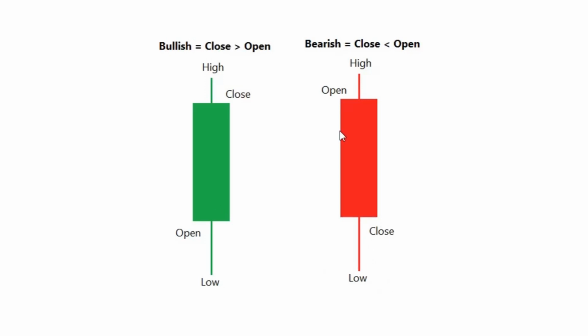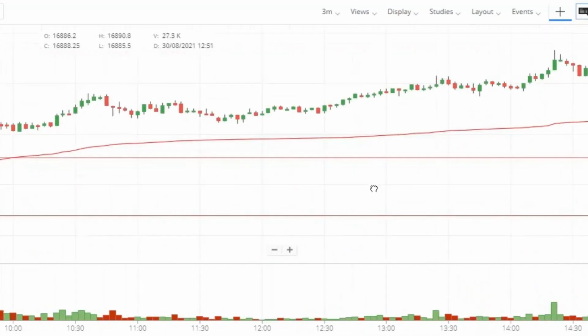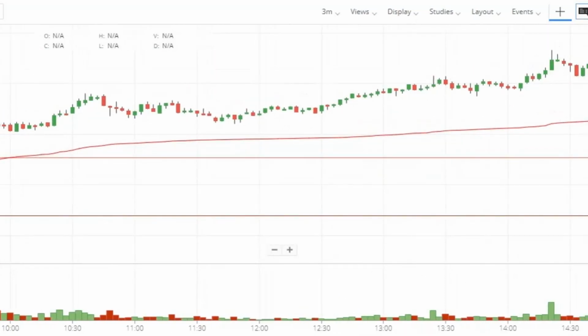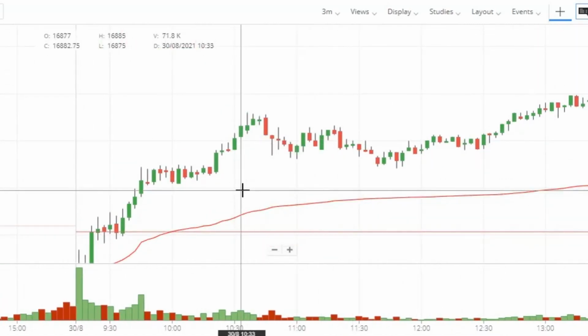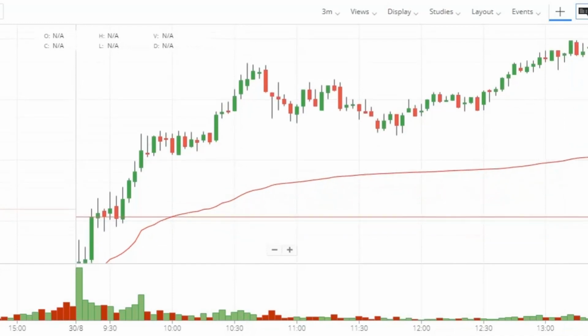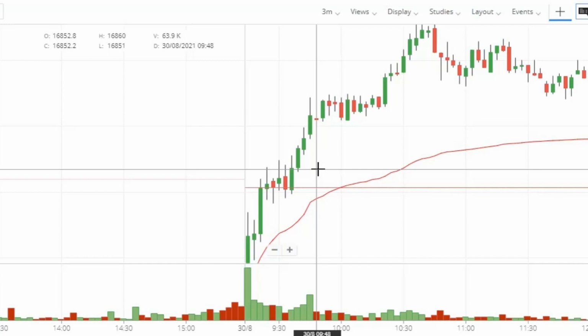Now this is the basic understanding of how candlesticks are formed. These are the basics of candlesticks. As you can see, these candlesticks are basically the same. Yes, they are a bit different because they come in different patterns and shapes, but the basic concept remains the same.